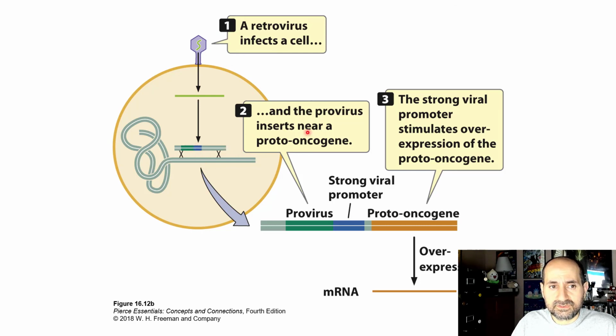It inserts the provirus next to a proto-oncogene, and it has a strong viral promoter, and that causes upregulation of the proto-oncogene. So you have overexpression of the proto-oncogene. If you have too much of this proto-oncogene, it might give too much stimulatory signal and tell the cell to divide too frequently, and that could lead to cancer.